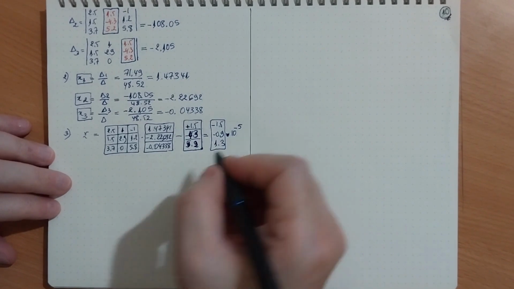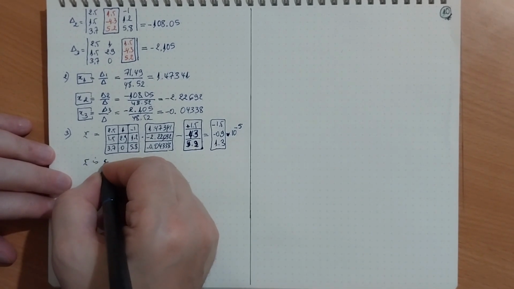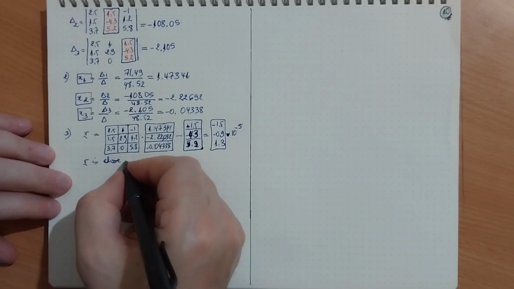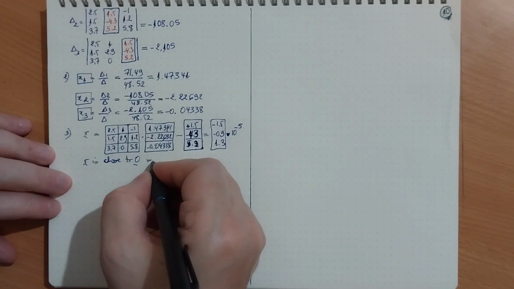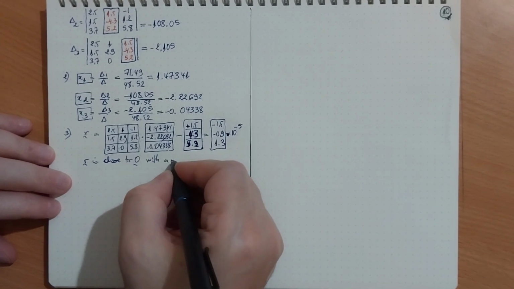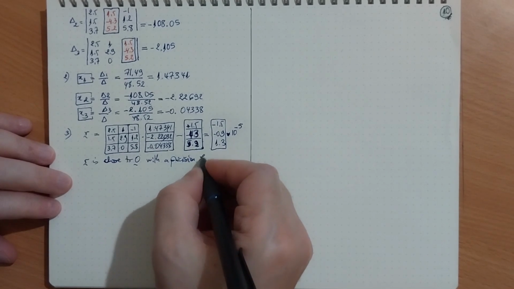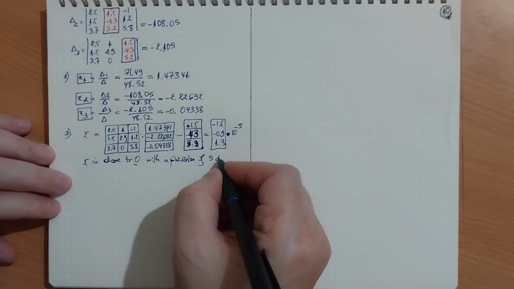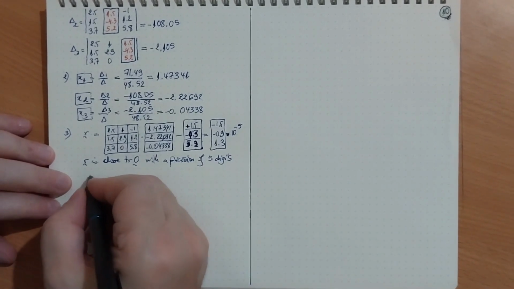So it's close. R is close to vector 0 with a precision of 5 digits after the decimal point.